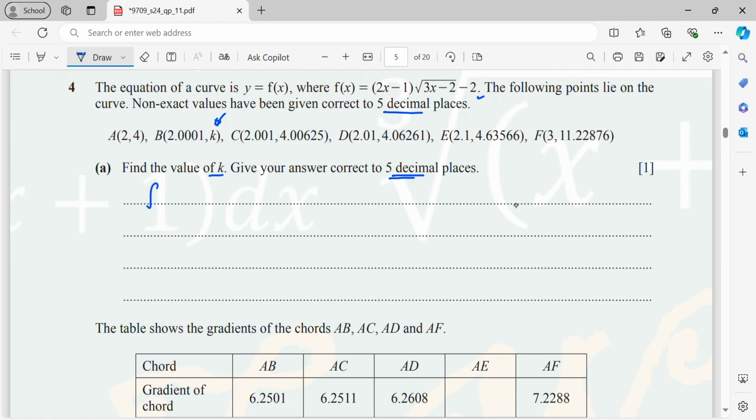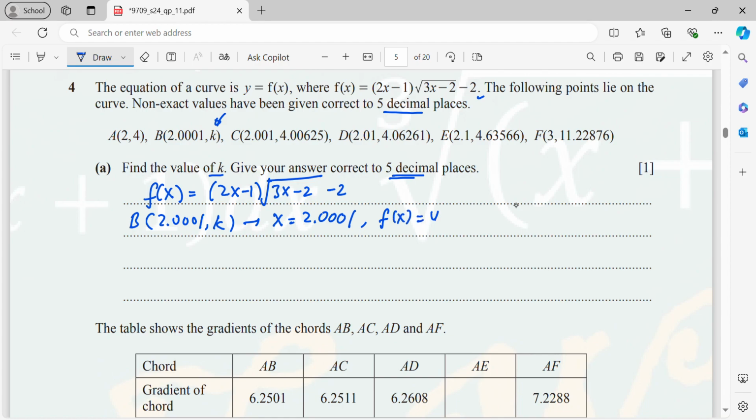Therefore, I will just substitute the x value into my curve equation. So from here, B is 2.0001 and k, that means x is 2.000001 and then my f of x, or my y, equals the k value. So now just replace.